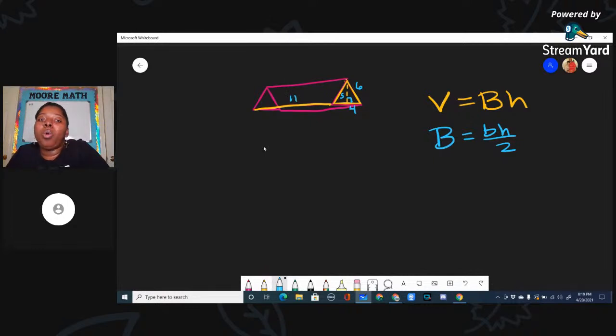Tell me, for the area of the base, what two numbers do I need to focus on? 6 and 4. Okay, 6, hold on. 6 is one of the sides of a triangle, right? You said base times height. Which one is the base of the triangle? 4. And what's the height? 3.